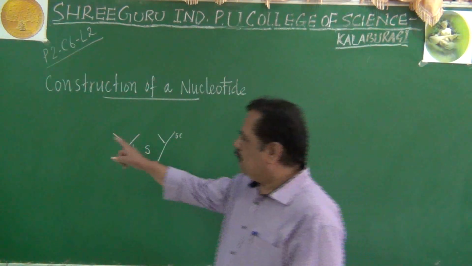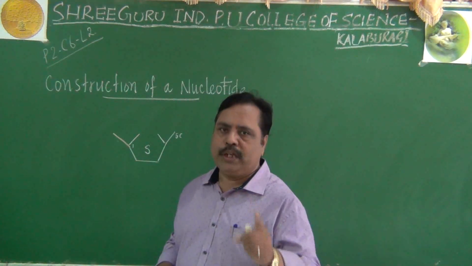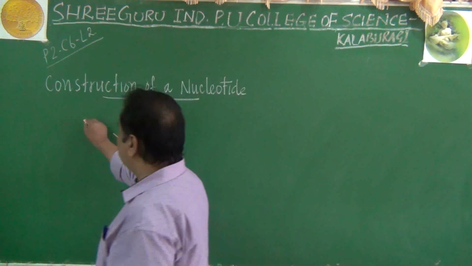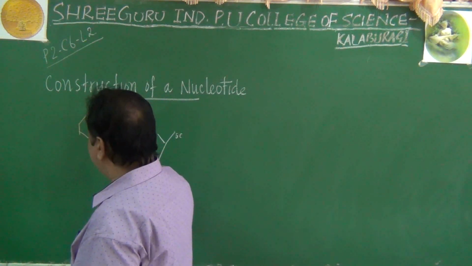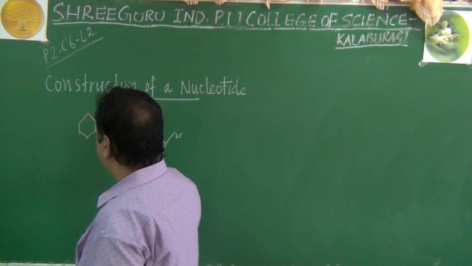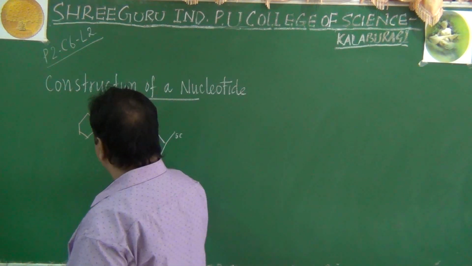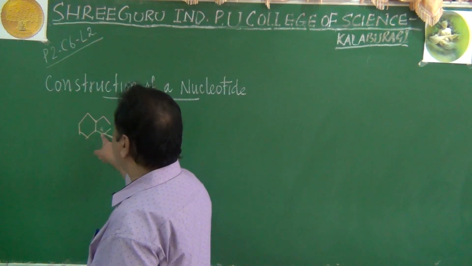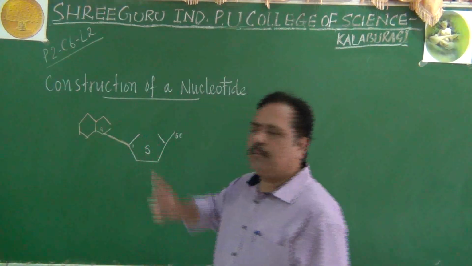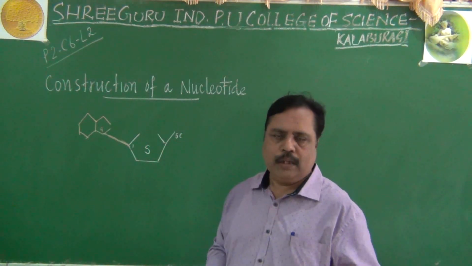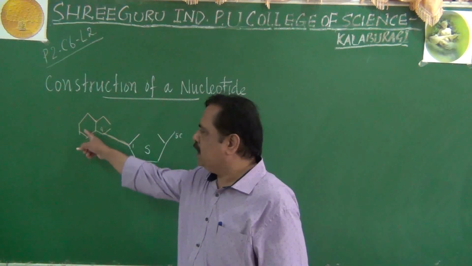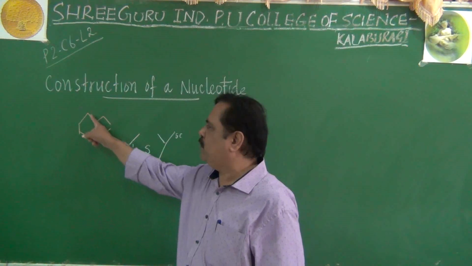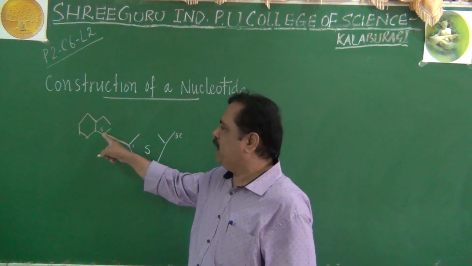Suppose that nitrogen base is a purine. Purine means a 9 carbon compound. If the nitrogen base is a purine, it will be attached to the sugar molecule with its 9th carbon atom like this. A purine's 9th carbon atom will join with the first carbon atom of the sugar molecule. This is a purine. It is a double ringed structure. Here first carbon, second, third, fourth, fifth, sixth, 7, 8 and 9.